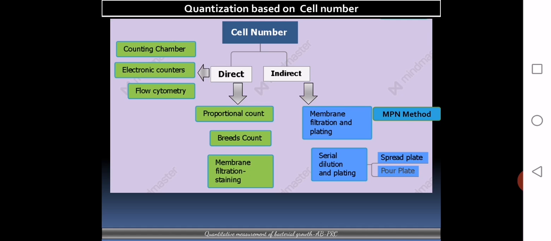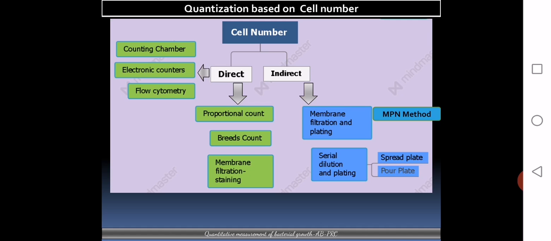In case of counting chamber, we use a glass-like chamber, and along with that we also use microscopy. In the other three, that means the proportional count, breed's count, and membrane filtration followed by staining, they are purely dependent on microscopy, whereas electronic counter and flow cytometry depend on machines.